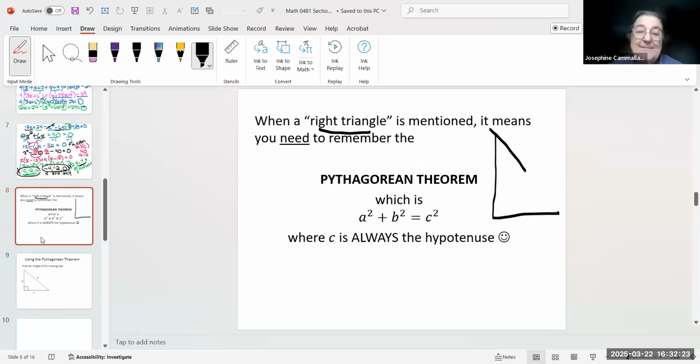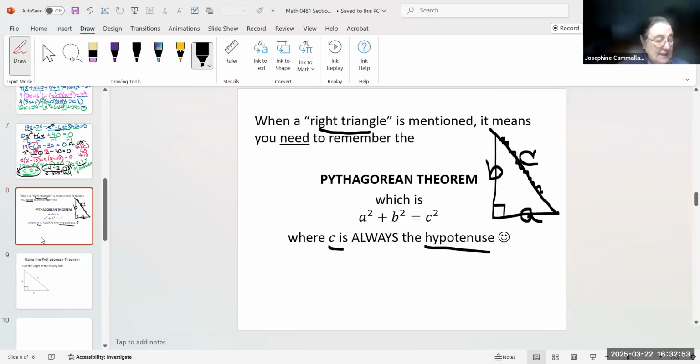Okay, it's going to have a little box. This side is A, this side is B, and this diagonal, which is known as the hypotenuse, is C. Now, A, yes, you can switch them. I could have put where B is and B, but the C can't be switched. It's got to be where it's at.